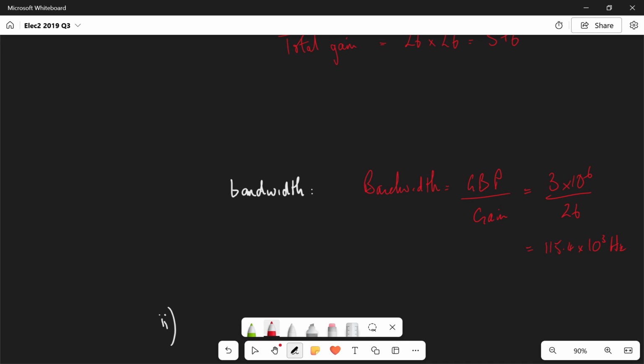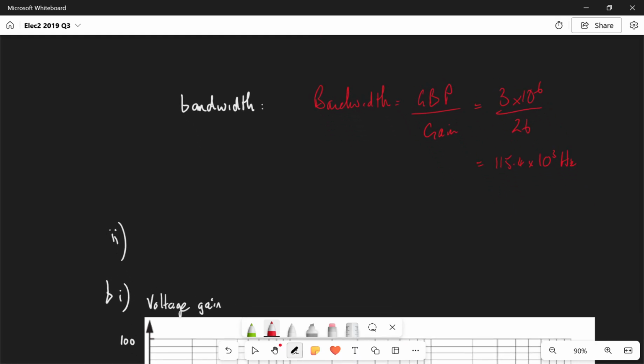Okay, so part 2, the preamplifier includes 3 capacitors. What is their function in this circuit? Well, capacitors in this particular configuration are meant to block DC signals from transferring to the next stage.